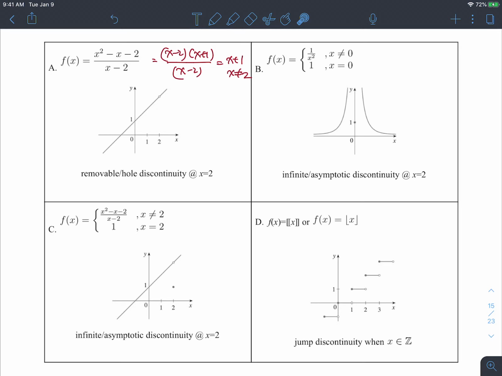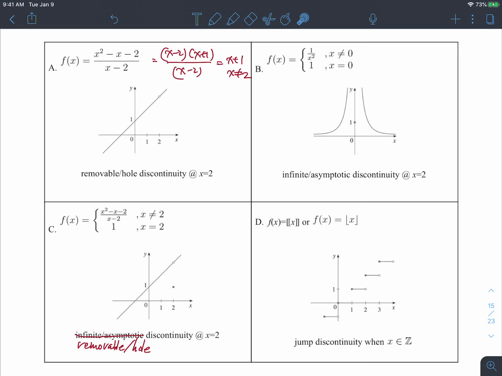Okay. I must have copy pasted it, because this is not an infinite or asymptotic discontinuity, but rather it is the same thing as the one above. It is a removable, a hole discontinuity, whether or not there exists a value at the point of discontinuity. So we have a value here and the one above does not, but it doesn't matter.